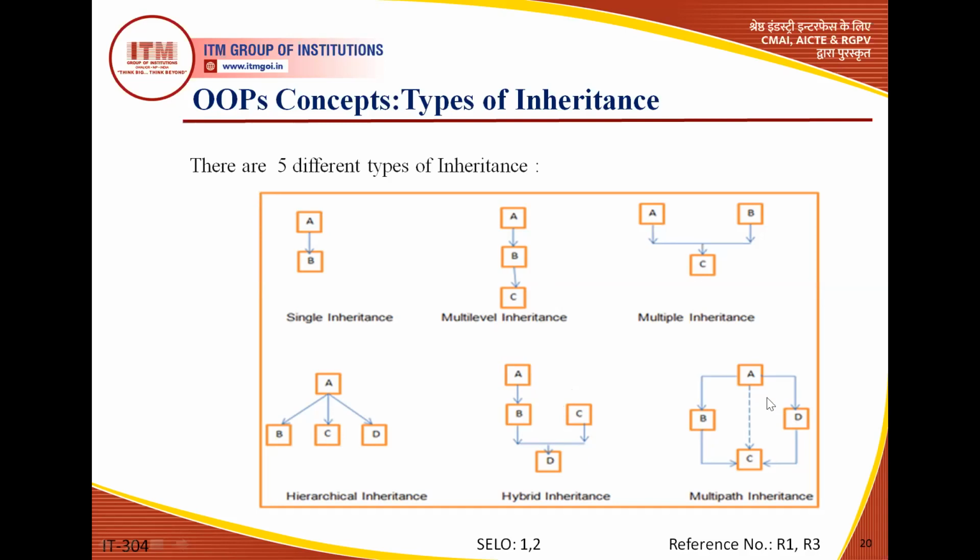And at last, there is some extra type of inheritance which you can call multipath inheritance. Multipath inheritance means if C is the class which is acquiring the properties of B and D classes, then indirectly it is possessing the qualities of class A. So this may be your next question: if C is acquiring the properties of B and D, then the properties of A go to B also, and to D also.